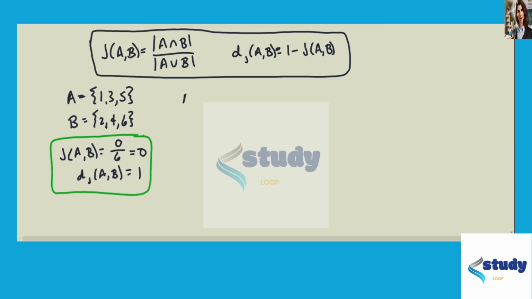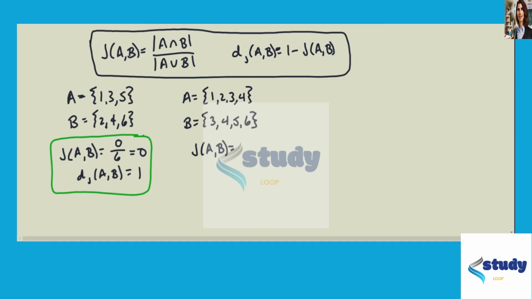Okay, let's do another pair of sets and make sure that we understand the formula. In this case, A is going to be made up of 1, 2, 3, and 4, and B will be made up of 3, 4, 5, and 6. So what is the Jaccard similarity between these sets?